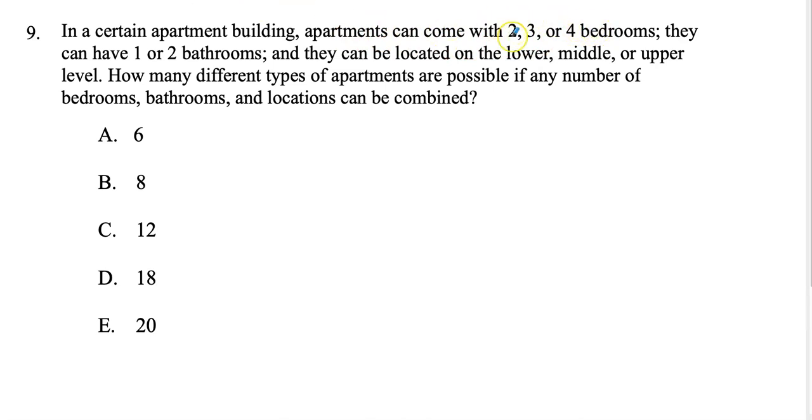So first of all, let's look at the bedrooms right here. The apartment can come with 2 bedrooms, 3 bedrooms, or 4 bedrooms. So how many possibilities is that? Hopefully you can see that for the bedrooms, there's 3 possibilities. I can have a 2-bedroom, a 3-bedroom, or a 4-bedroom. Now let's look at the bathrooms.